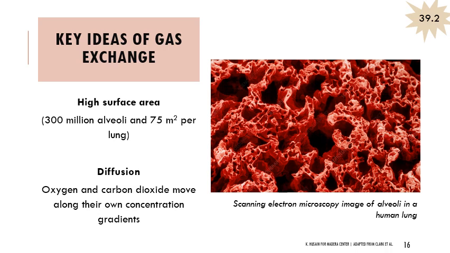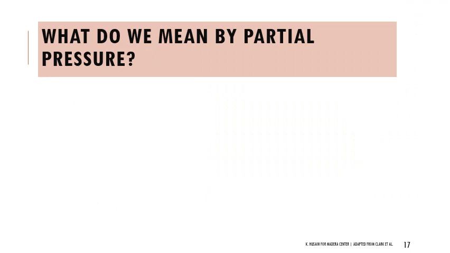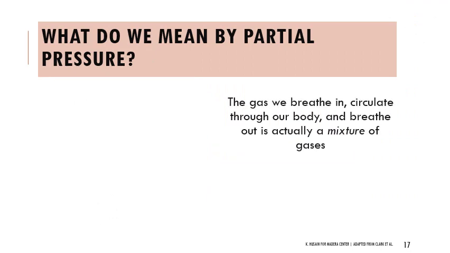So when we think about concentration gradients, we have to start getting quantitative about this process. You might have heard the term partial pressure, and I wanted to take a moment to define that. When we breathe in, gases come into our body, circulate, and then we breathe them out, and like I mentioned, that's a mixture of gases. It's not purely oxygen that we're breathing in.